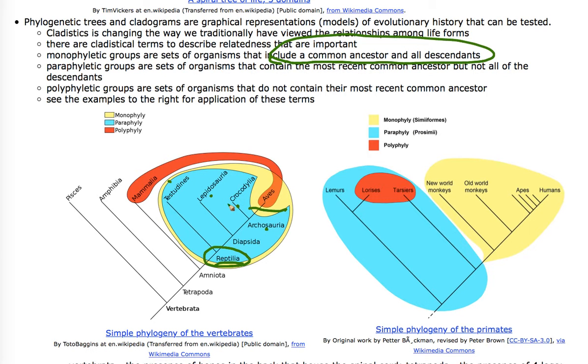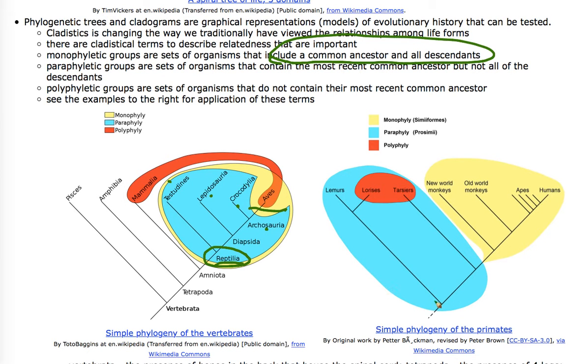So the term reptile is technically a paraphyletic group. The term dinosaur is a monophyletic group, starting with the archosaurs. They're gone now. The birds technically are a monophyletic group. The reptiles, though, are not a monophyletic group. It appears turtles are probably a monophyletic group. What all that means is that the group contains the ancestor and all the descendants.